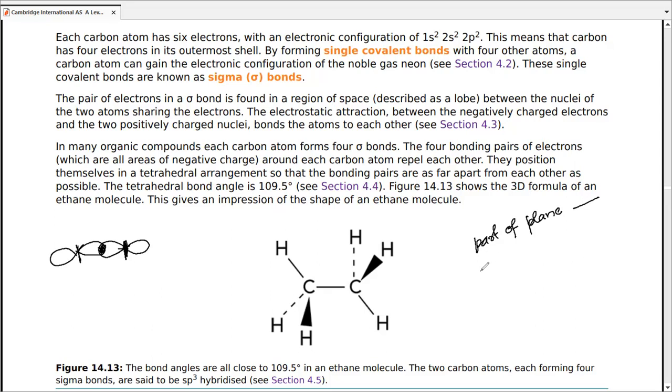And something that I keep saying to you, and the book says, is sticking out of the plane. These are the words that the book is going to use. We show it with a wedge, and the wedges are usually filled up with color so as to not create any confusion.